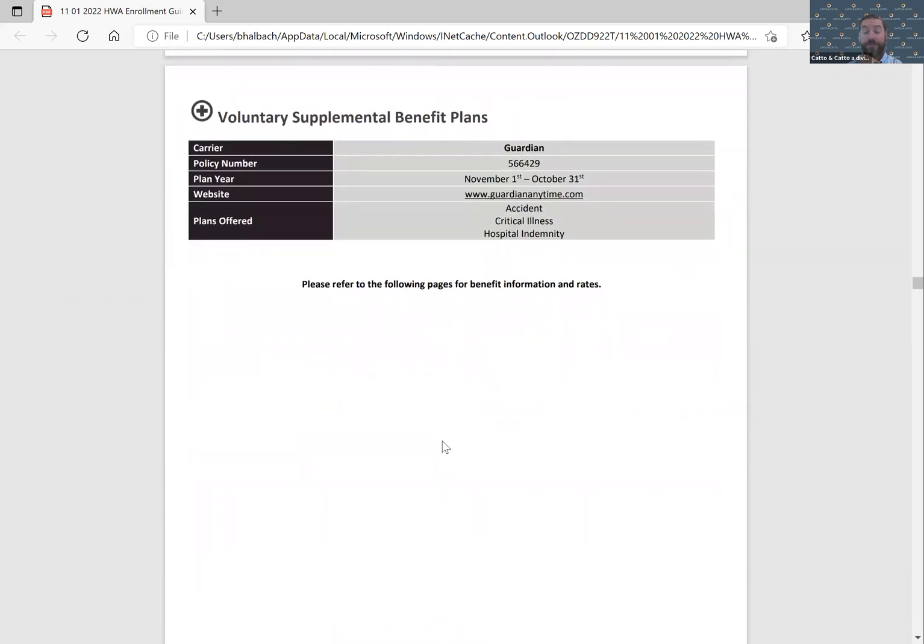There is a lot of information, a lot of real estate in this guide that is specifically about accident, critical illness, and hospital indemnity. Here's what I want you to know for purposes of attention span today and for absorption of the information. So Guardian is the carrier. These plans send money to your mailbox when defined and specific events happen.